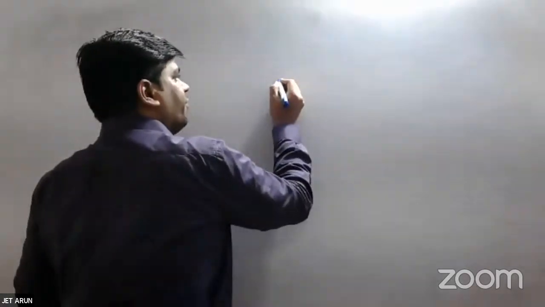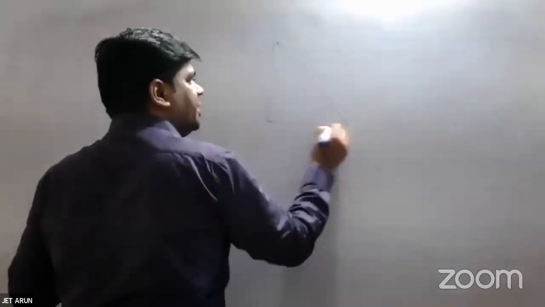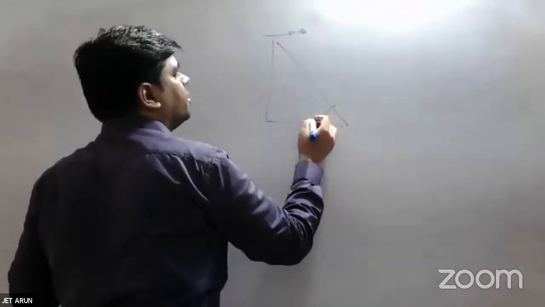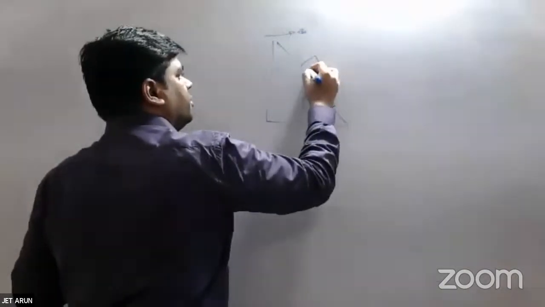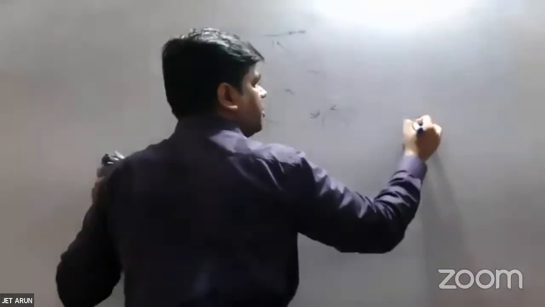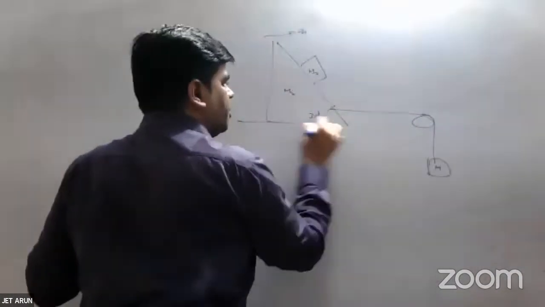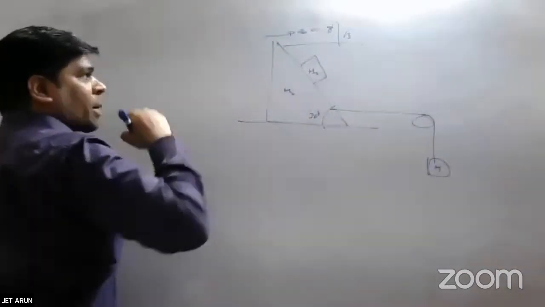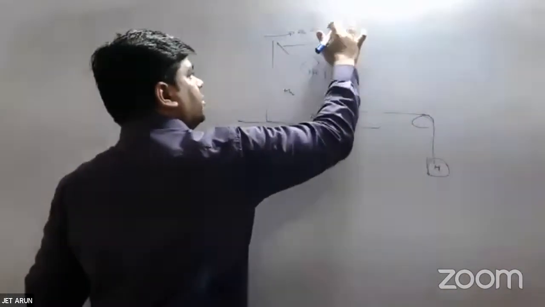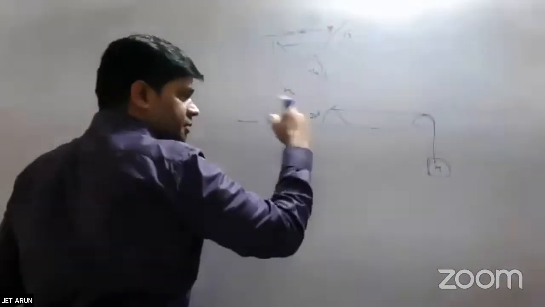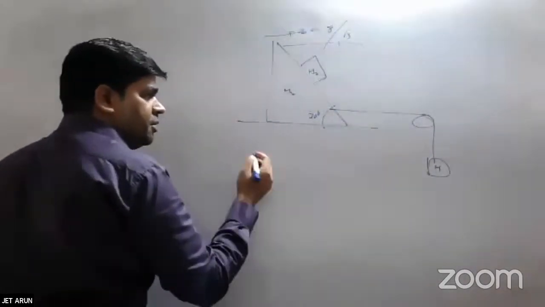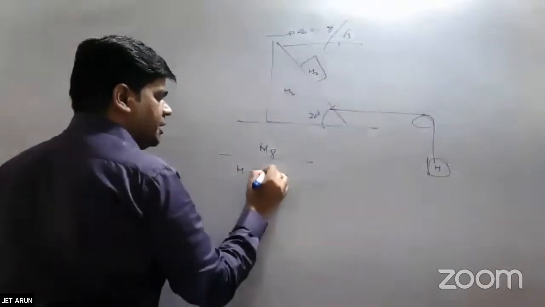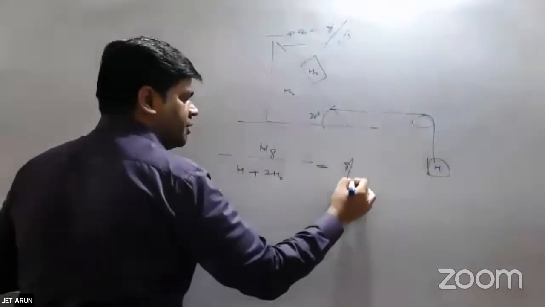Okay, now look at the students. I've got this wedge of mass m naught, at 30 degrees, and this is m. Then a naught I got as g by root 3 from the wedge condition. From this force equation I get mg minus nothing by m plus 2m naught is equal to g by root 3.